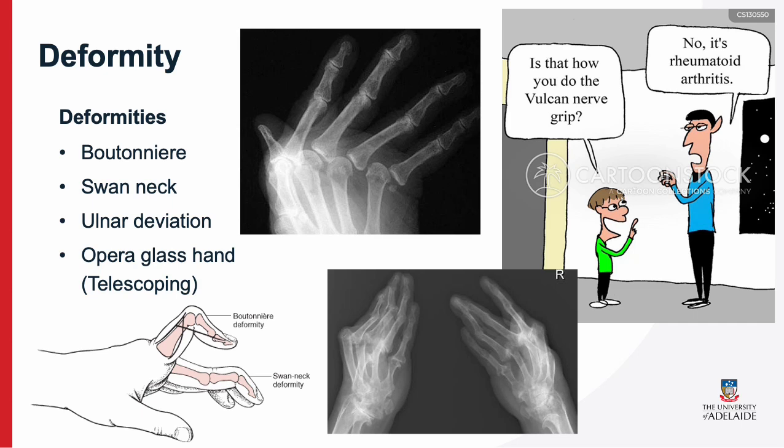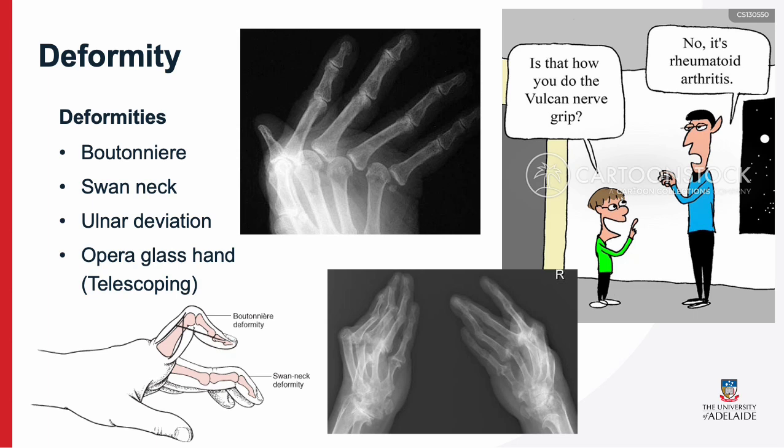The deformity associated with rheumatoid arthritis can have classic patterns, and there are specific descriptive terms that are used. Boutonniere deformity, the first one we're going to talk about, is where there is flexion of the proximal interphalangeal joint and hyperextension of the distal interphalangeal joint, causing a buttonhole deformity.